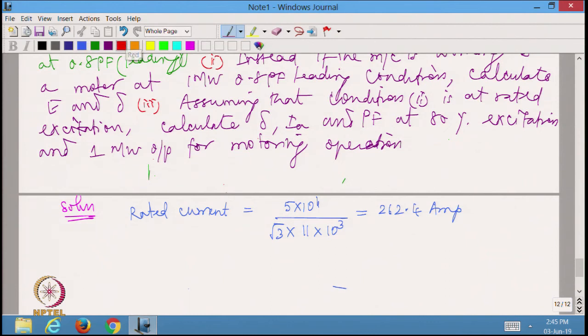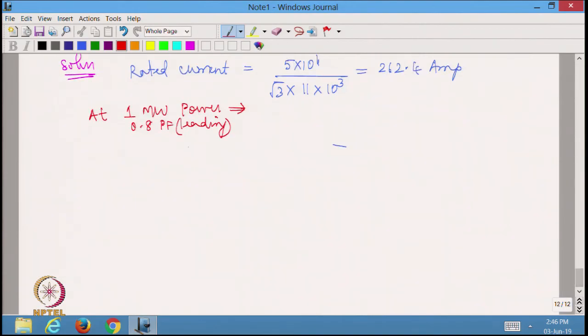Now, let us try to look at what is the condition at 1 megawatt power. And this is also given 0.8 power factor leading. Please note, whenever you are calculating the power, whether it is lagging or leading, it is not going to matter. So, 1 into 10 power 6 divided by root 3 VL cos phi, right.